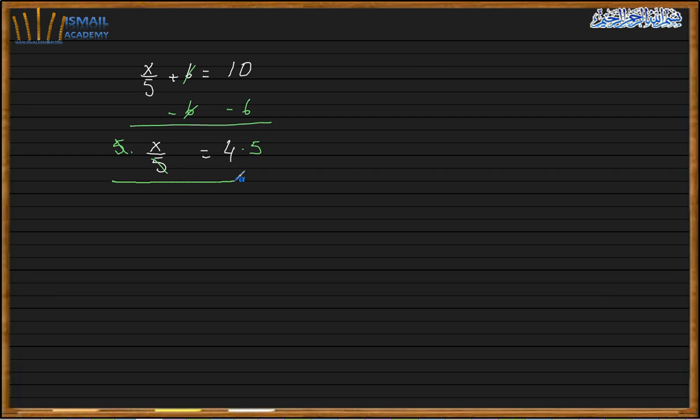So another one: x minus 3 over the whole, divided by 4. Both of them depend on the same number, 4, so this is divisible by 4. First thing I do is multiply by 4 on both sides.